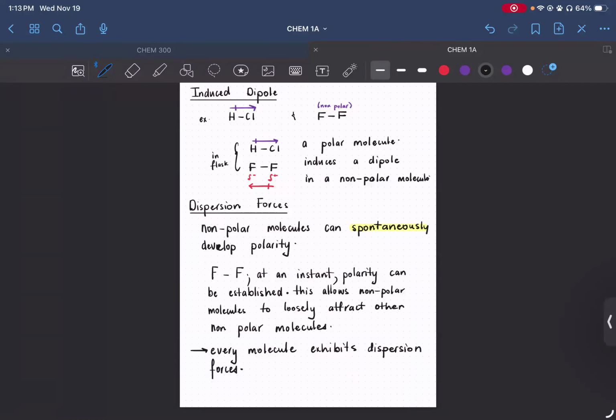Do we have any questions on inter or intramolecular forces? Yes, Elena. Are there values designated to polarity? Because you said it's like a tug of war sometimes, so I'm assuming there's an average amount.